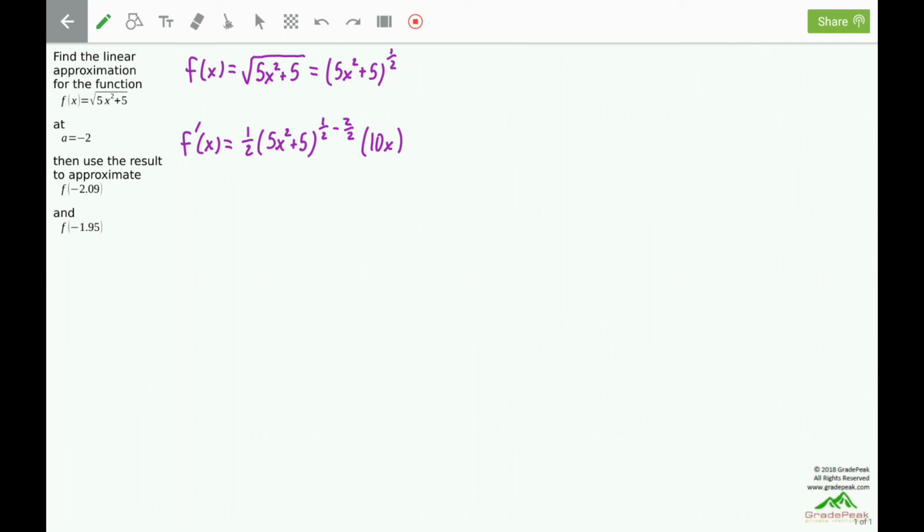The 10 can move out front with the 1/2. 10 times 1/2 is a 5. The x can also move out front, and the 5x squared plus 5 will be to the 1 minus 2, negative 1/2 power. Negative 1/2 power indicates that it can be moved to the denominator. The 5x will stay in the numerator.